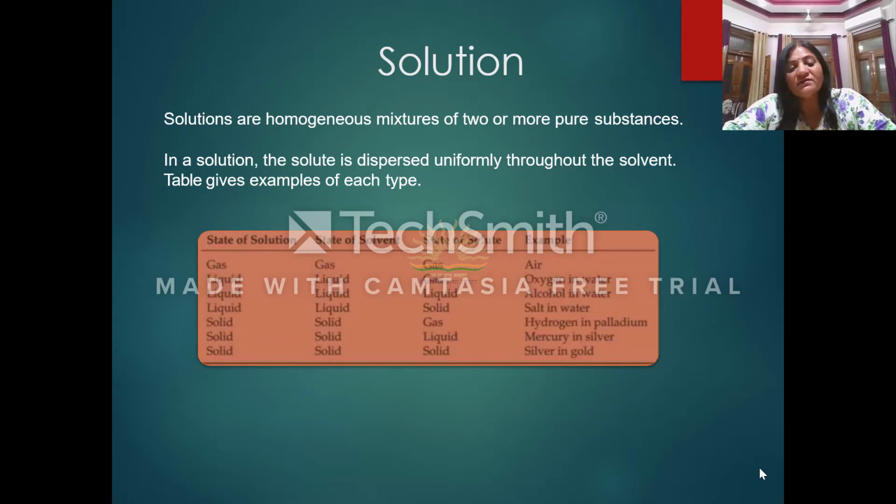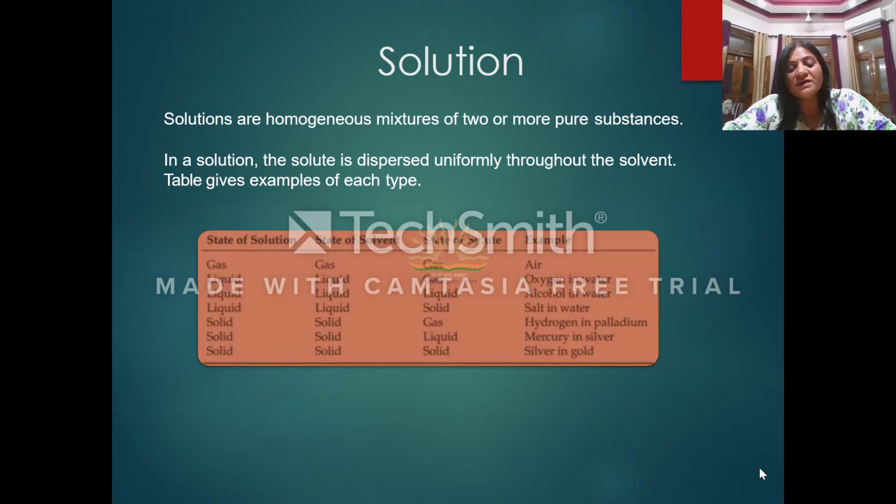Solid solution in which the state of solvent is solid and the state of solute is liquid, and the example is mercury in silver. Both are metals, but mercury exists in the liquid state at room temperature.